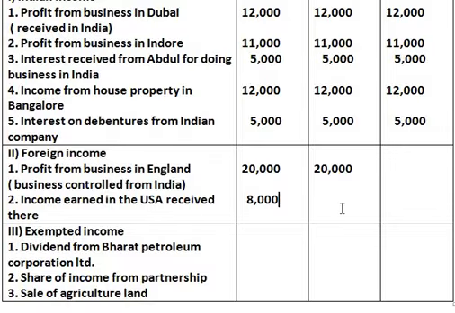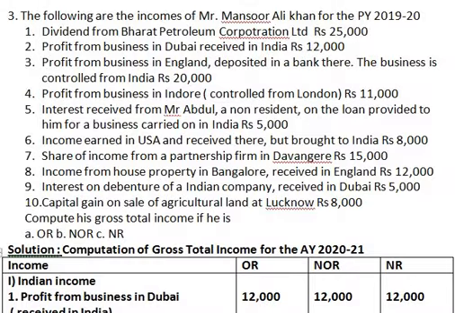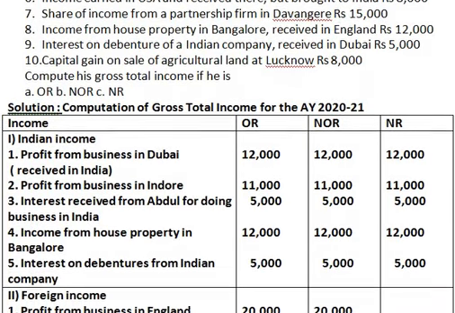Coming to the next, I think we are done with the foreign incomes. Next is exempted income. The first point itself in the sum, that is dividend from Bharat Petroleum Corporation Limited, 25,000 rupees, is exempted income.